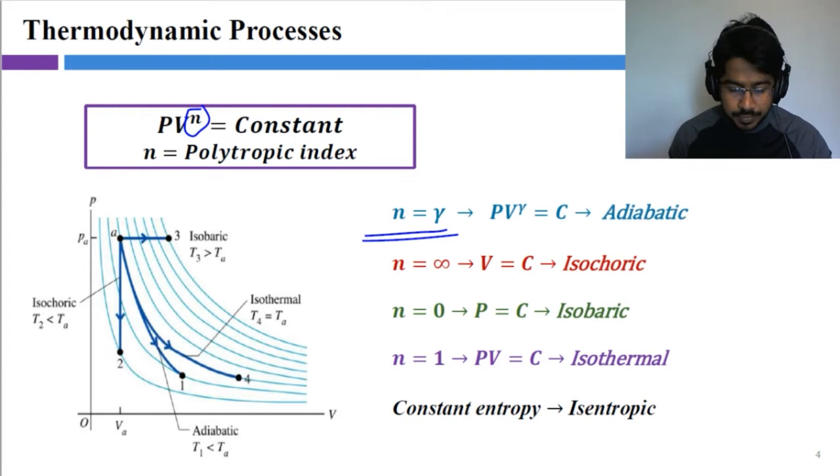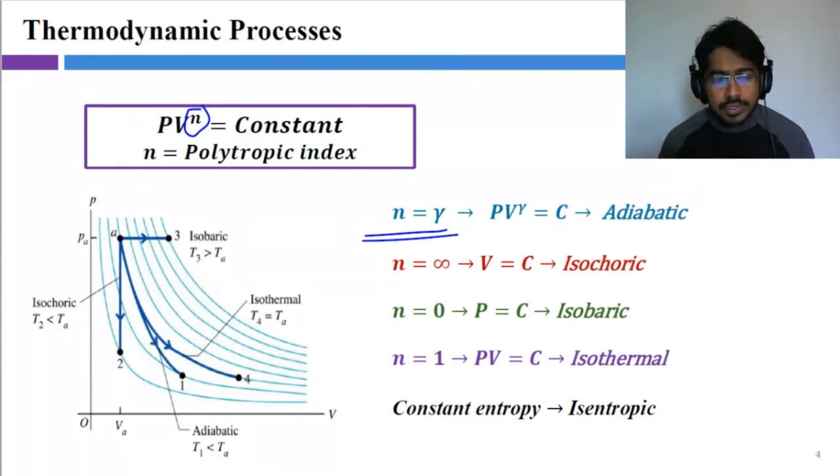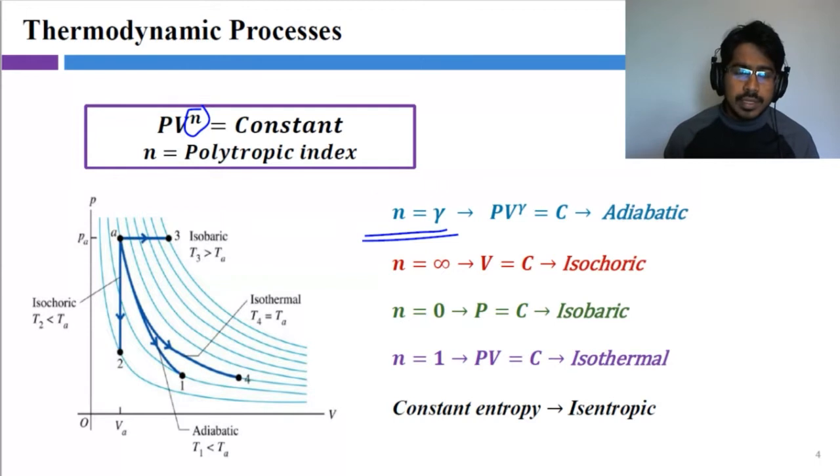In addition, the polytropic index of this process is equal to gamma. Gamma is the specific heat ratio, so we will discuss what gamma is exactly in the coming lectures. But once you know it is gamma, if a question says there's an adiabatic process of which gamma equals this much, then we know that, right?